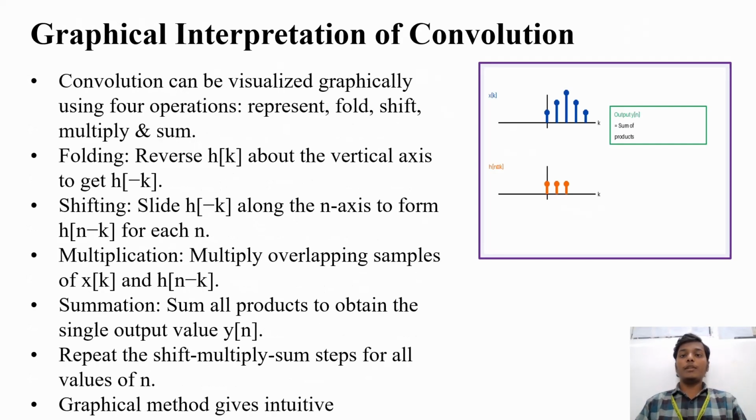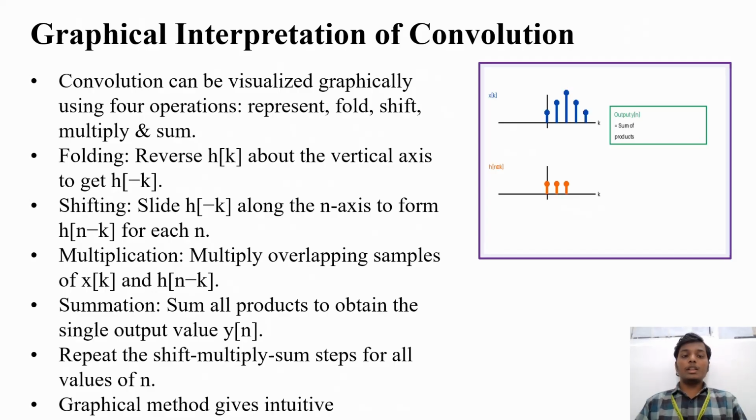Graphical interpretation of convolution. Convolution can be visualized graphically using four operations: fold, shift, multiply and sum. Folding means reverse h[k] about the vertical axis to get h[minus k].